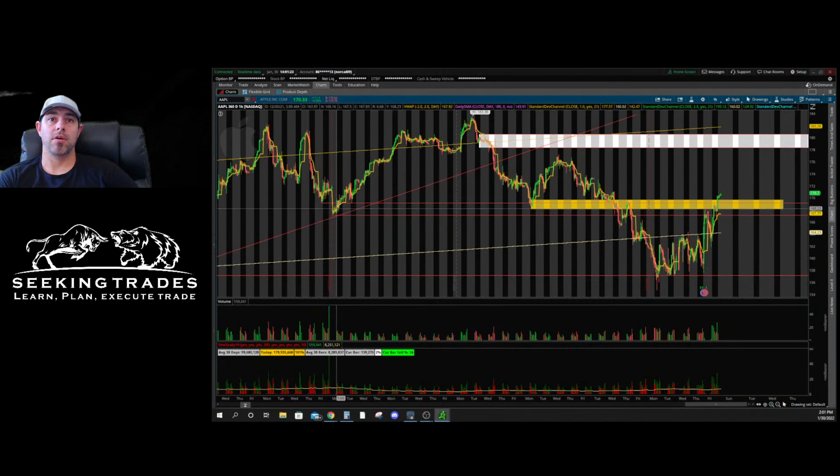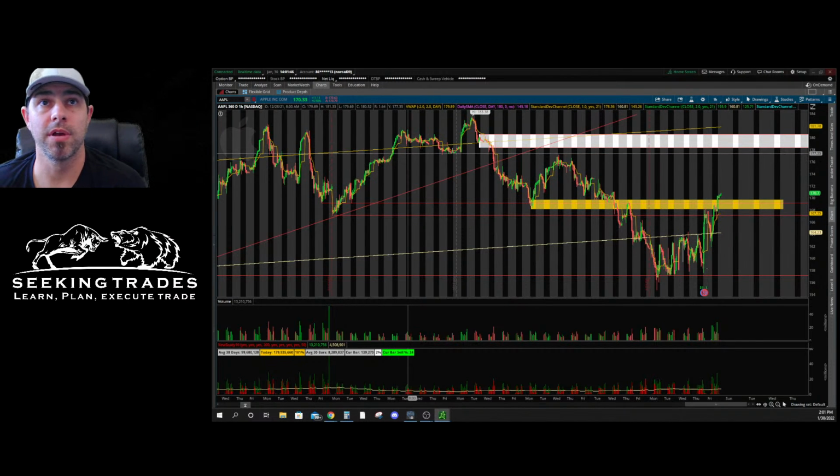But over here, on this side, it came down, pulled back, rallied, kind of consolidated sideways here on this day, and then rallied again. This right here's the demand zone.